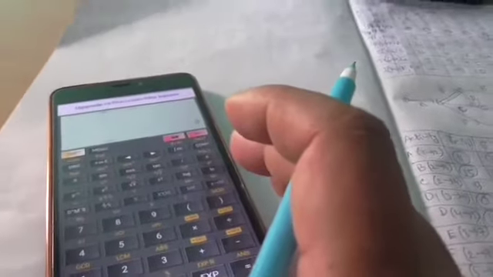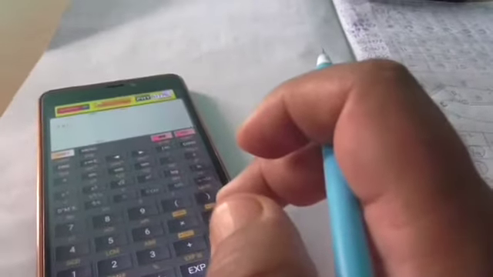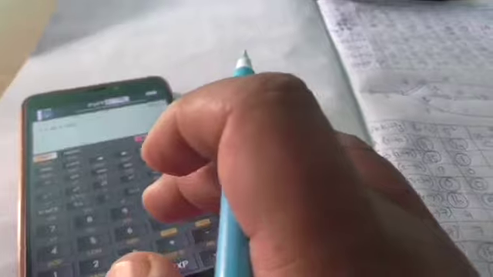I prefer to use the hyper calculator that we have. So 1 plus 90 plus 256 plus 25 plus 16.